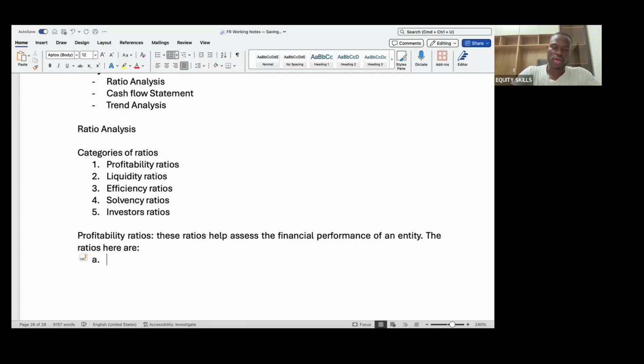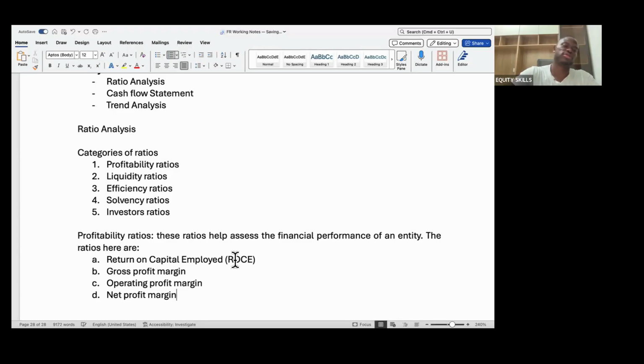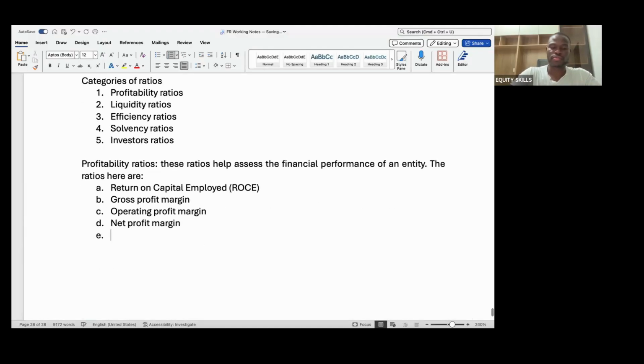A, we have return on capital employed, which we call ROCE. B, we have gross profit margin. We have operating profit margin. And there's one they call net profit margin.